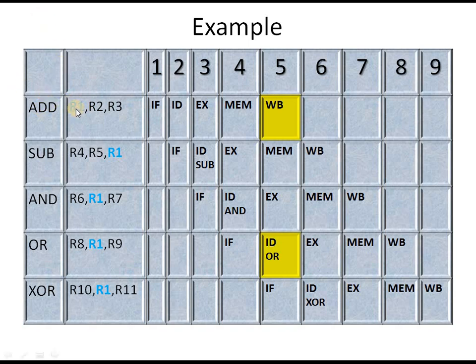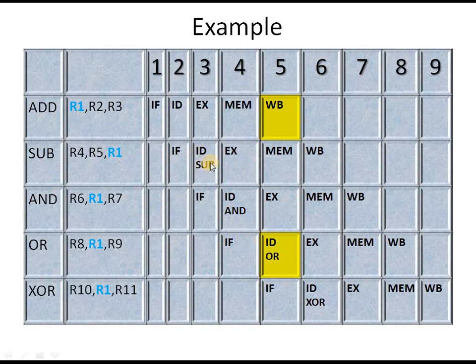The add instruction writes the value of R1 in the WB stage, the fifth cycle, shown with a yellow background, and the subtract instruction reads the value during its ID stage, that is ID of sub. Here we can see this problem is called a data hazard.